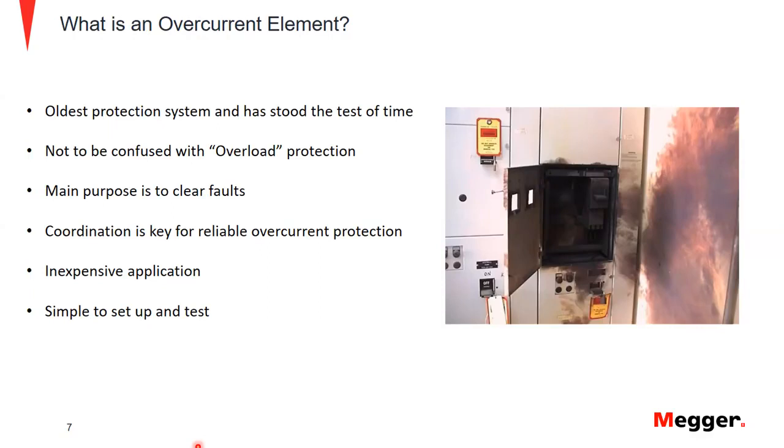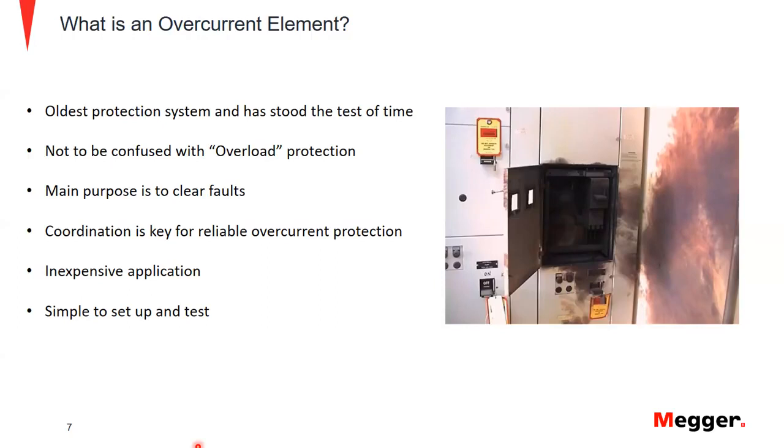So the main purpose of overcurrent protection is to clear the fault. That's our main objective with overcurrents. This protection is against excessive currents, and we want to make sure that the current does not go beyond the acceptable current rating of the equipment it is protecting.